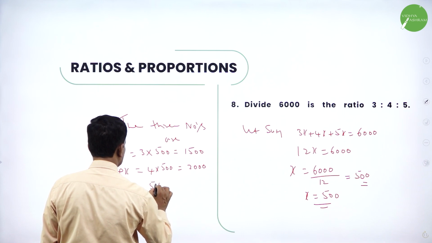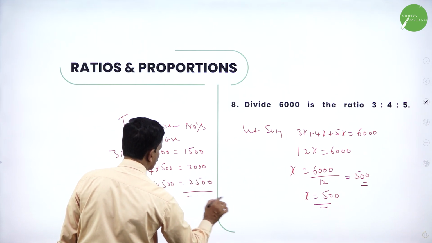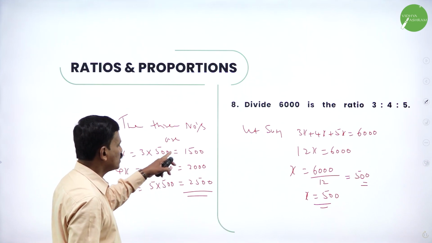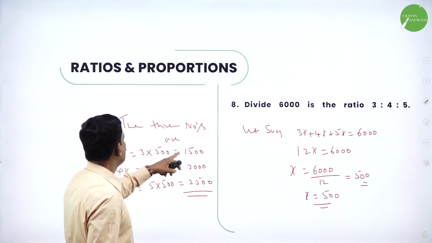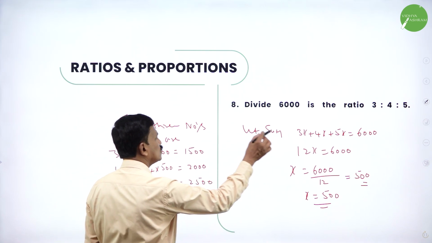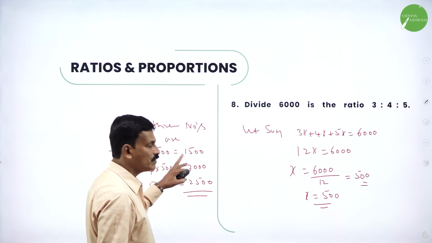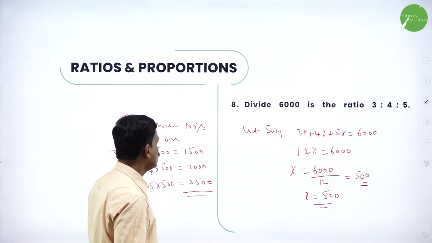And 5 into 500, that's equal to 2500. So, if you add 2500 plus 1500 is 4000, 4000 plus 2000 is 6000. So, this 6000 is divided in the ratio 3 is to 4 is to 5 as 1500, 2000 and 2500.